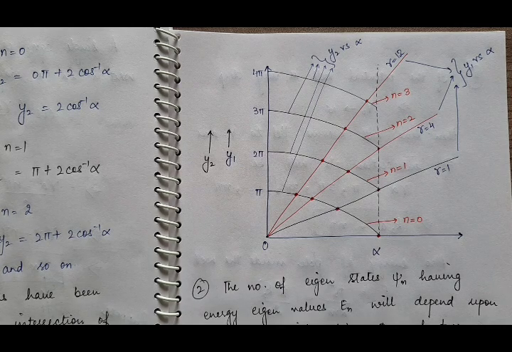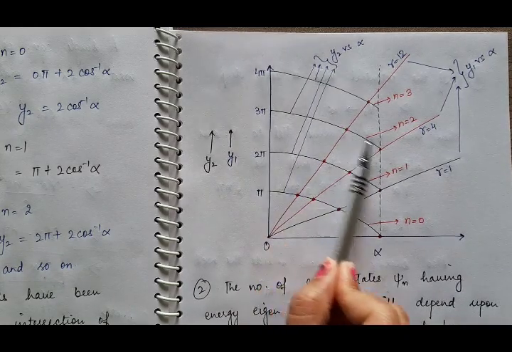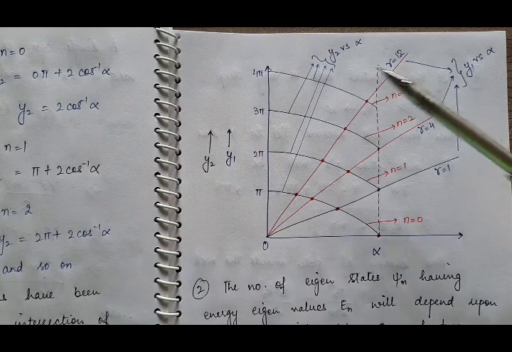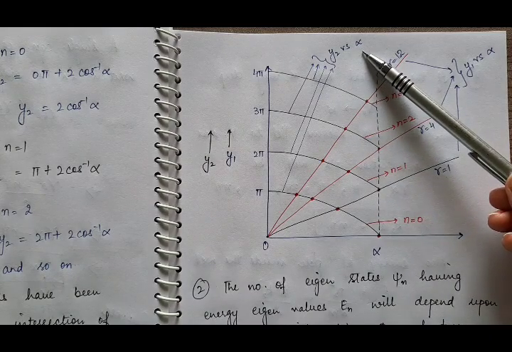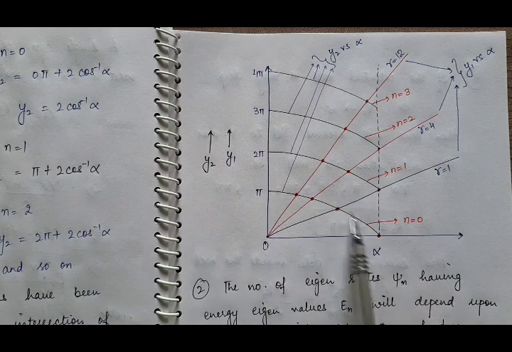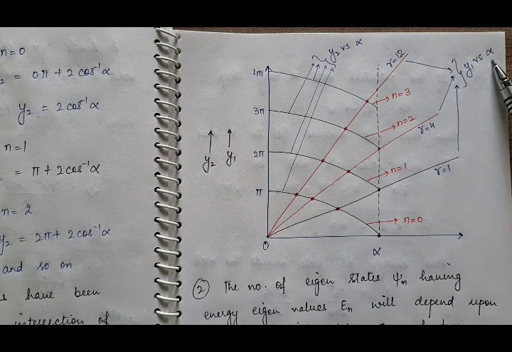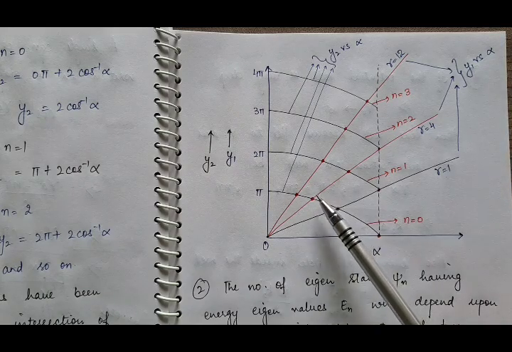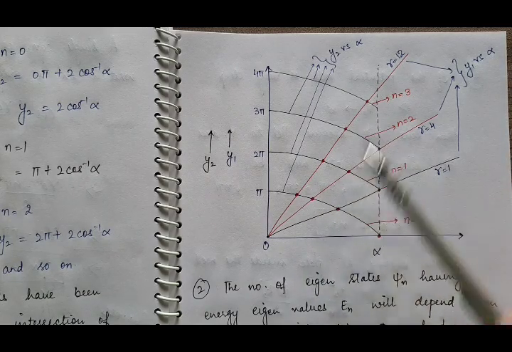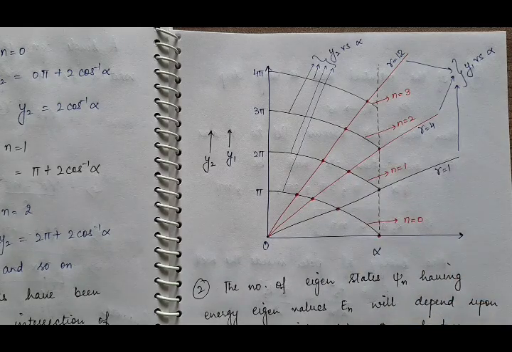The second one is y2 is equal to n pi plus 2 cos inverse alpha. So these curves in black pen are representing y2 versus alpha variation. And as you can see, these two curves, y2 versus alpha and y1 versus alpha, intersect at various points, and these points are fixed.